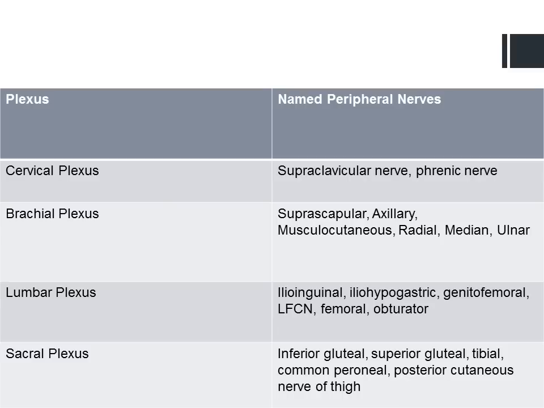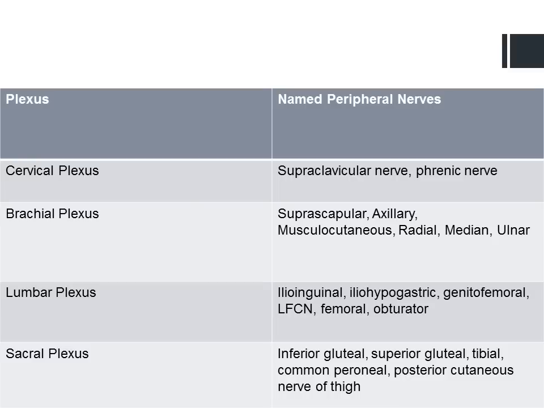With the lumbar plexus, important peripheral nerves that we'll talk about include the ilioinguinal nerve, the iliohypogastric nerve, the genitofemoral nerve, the lateral femoral cutaneous nerve, and then obviously, of course, the femoral and obturator nerves.